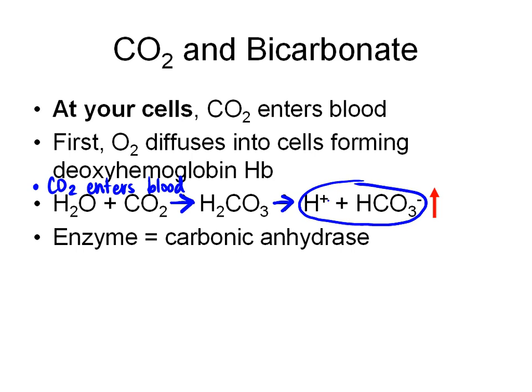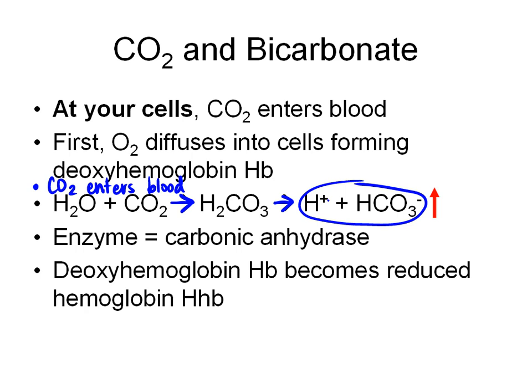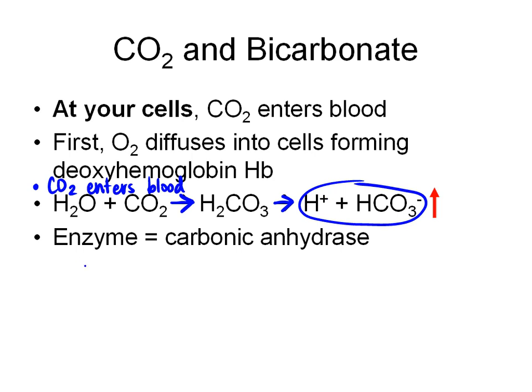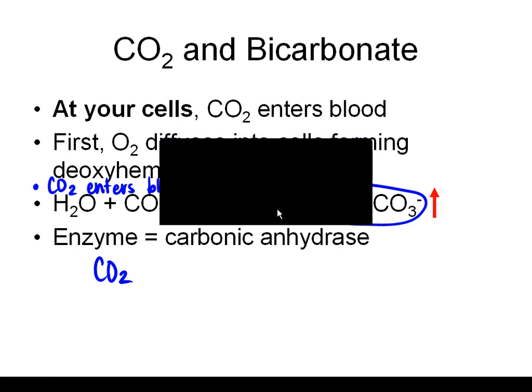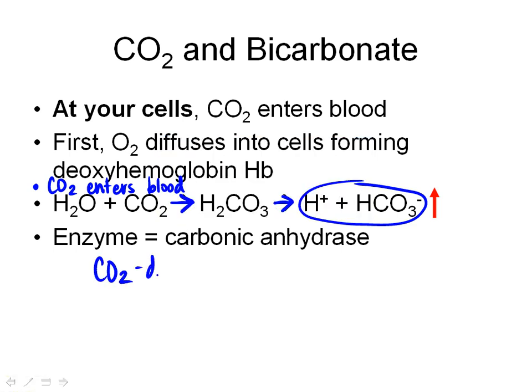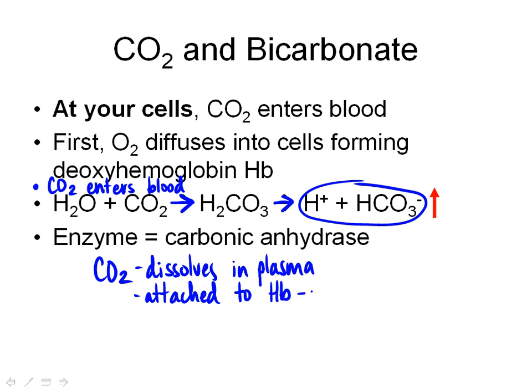So I maybe should summarize. Oh, there it is. Well, I'm going to take that out. So what do we do? The CO2 dissolves in plasma. It attaches to hemoglobin to make HbCO2, carbaminohemoglobin.